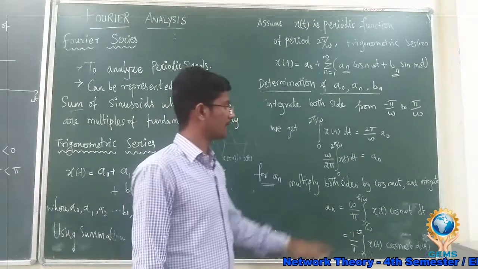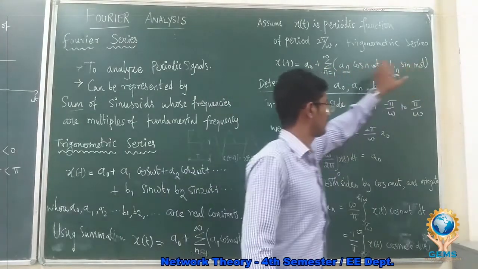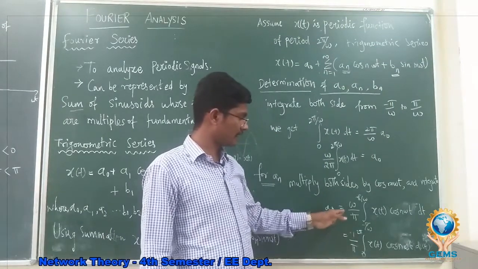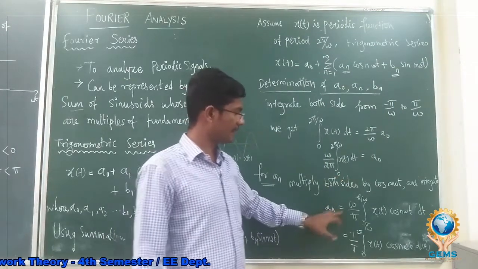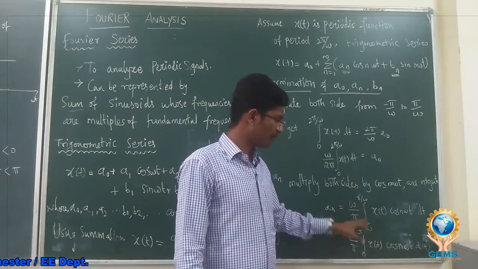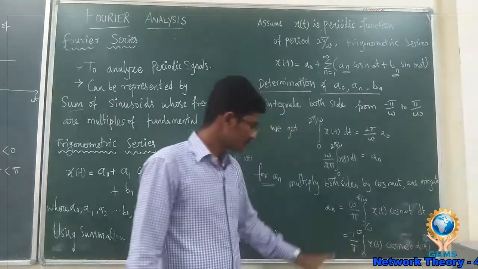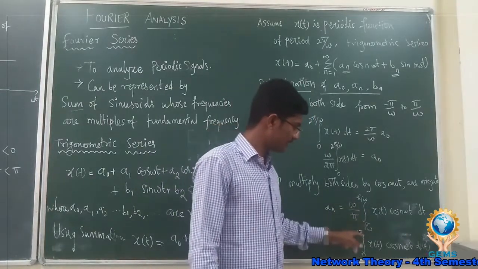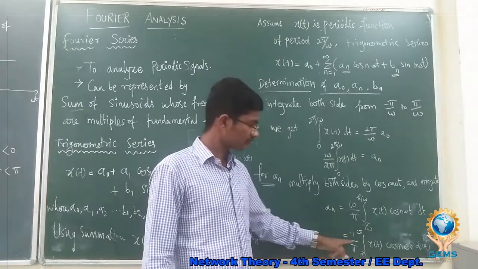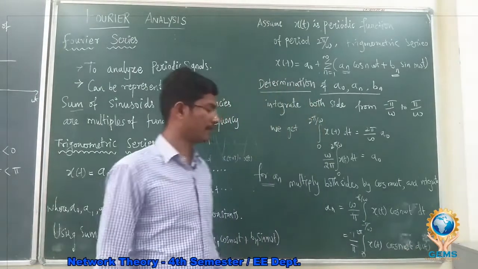We will get only the second term. This is the first term, this is the second term, this is the third term. We will only get the second term. After that we will get the an value equal to omega by pi times the integral from minus pi by omega to pi by omega of x of t cos n omega t dt. If we change the limit to 0 to 2 pi, we will get 1 by pi times the integral of x of t cos n omega t d of omega t.